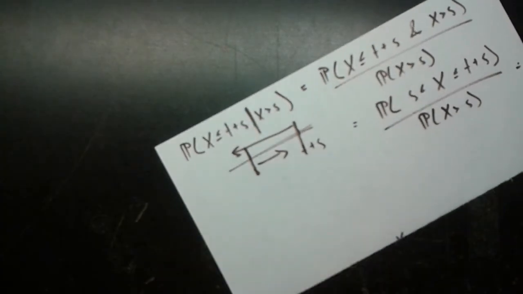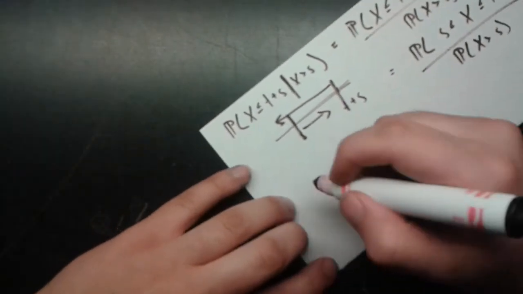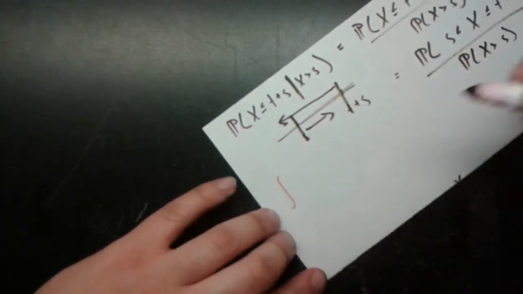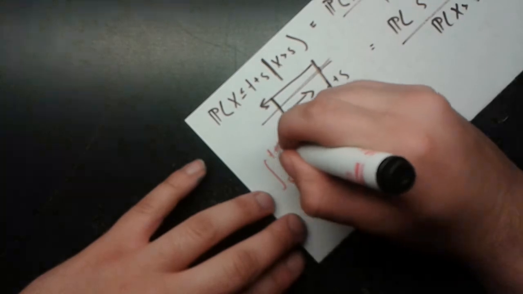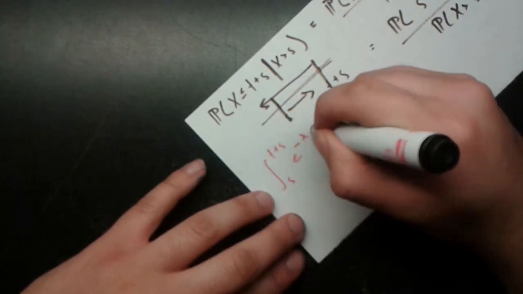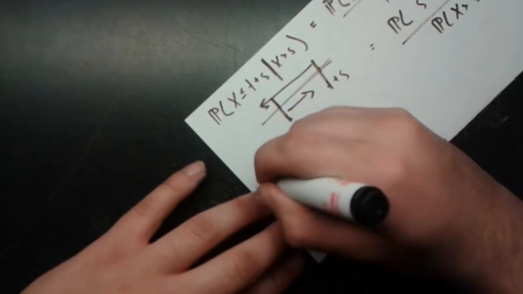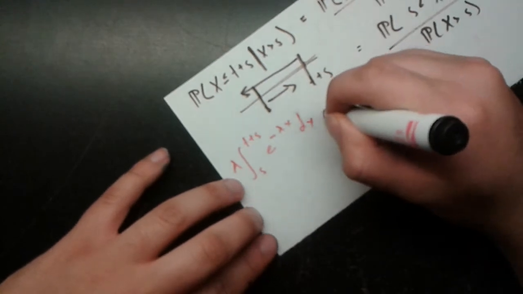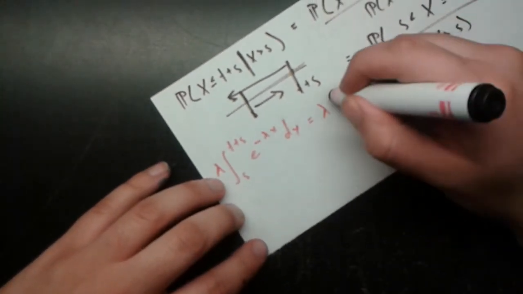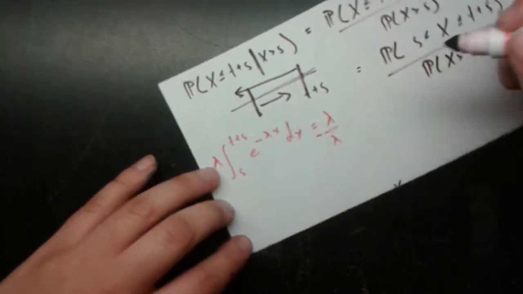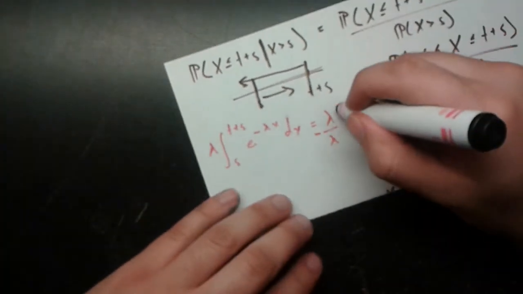Now again, we're just going to turn to our trusty PDF and evaluate this. First, the top: the integral from s to t plus s of e to the minus lambda x dx, bringing the lambda out. Then we have lambda over lambda, and minus, so just a -1 there.